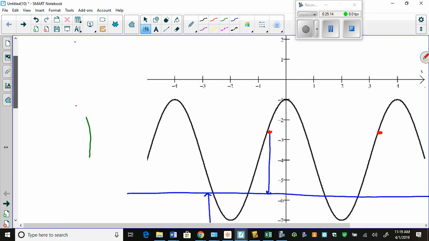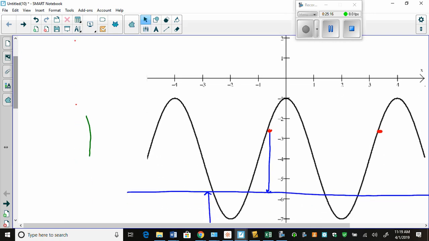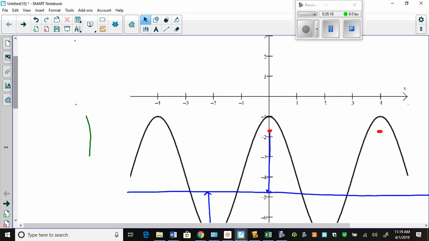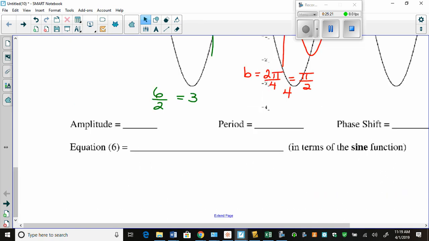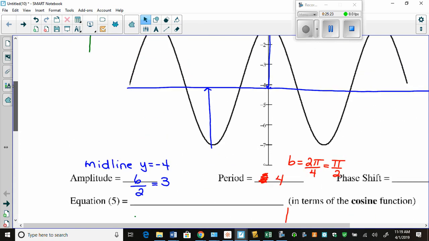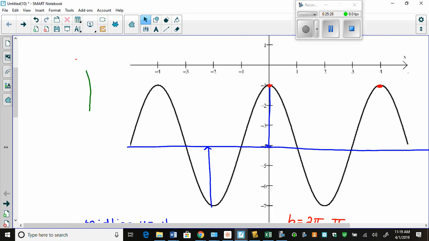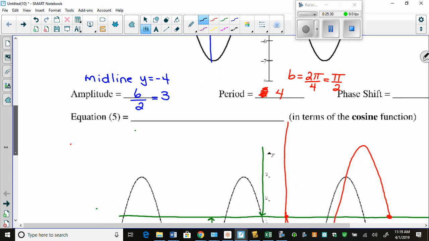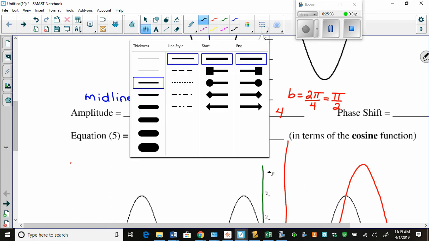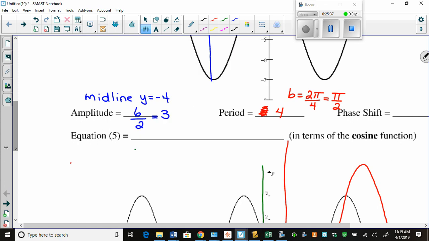And this one. This one we're going to get y equals positive 3 sine, because amplitude c is 3. Pi over 2 is my b.